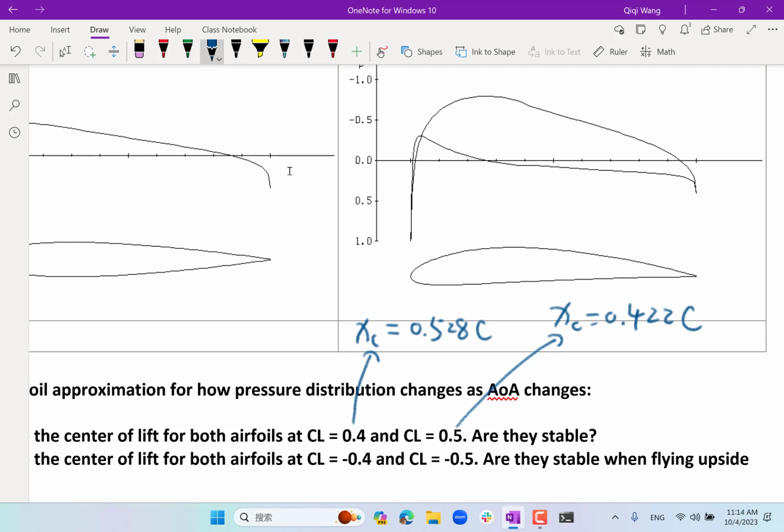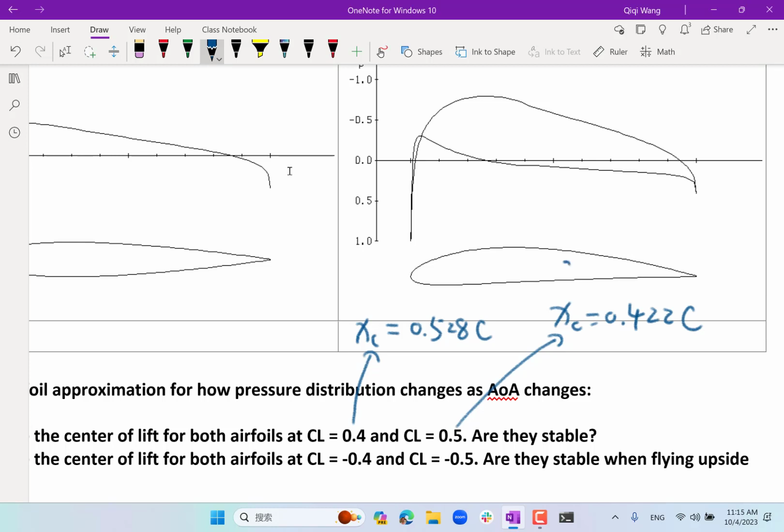Now imagine I get a slight perturbation that pitches up the airplane a little bit, or a gust of wind that goes up a little bit. Either way, that increases the angle of attack, and as a result increases the CL from here to here. So let me draw.